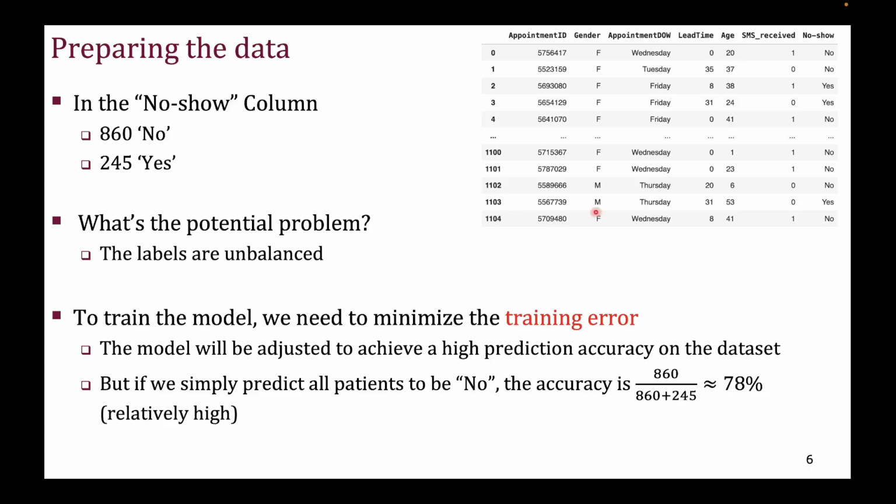So if you have unbalanced data, that's the potential problem. So that's why we typically want to avoid very unbalanced outcomes in the target variable. Okay? Questions about that?